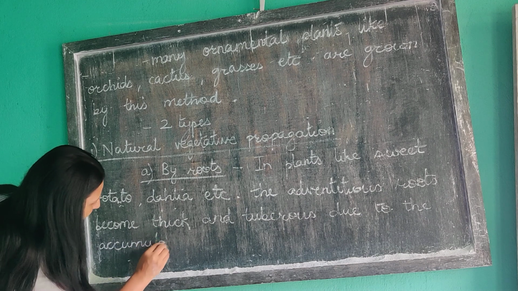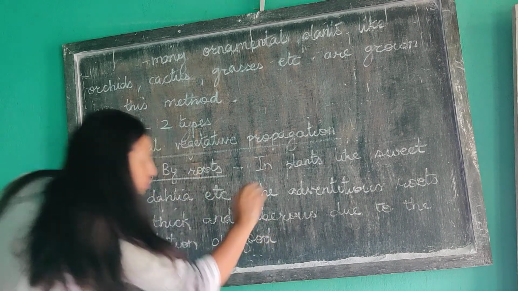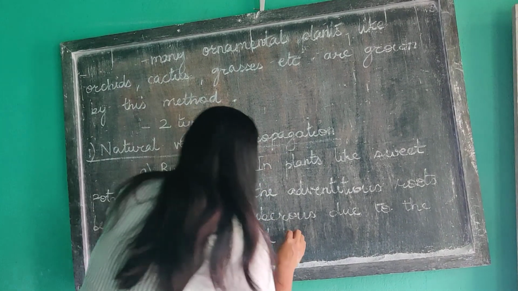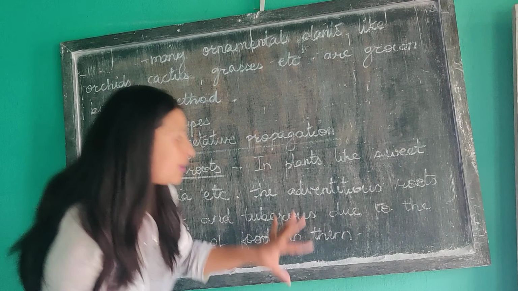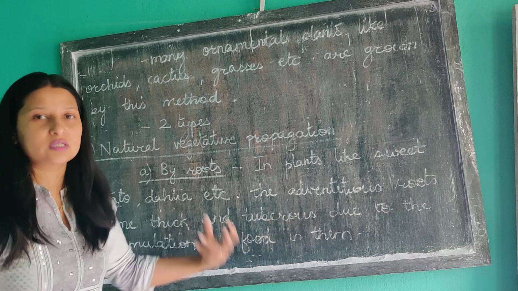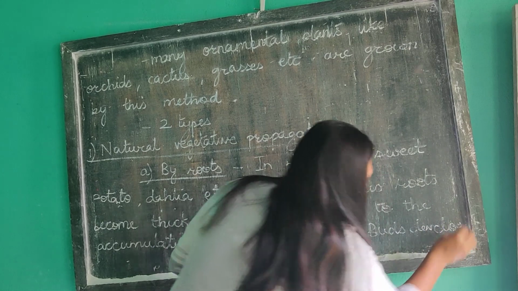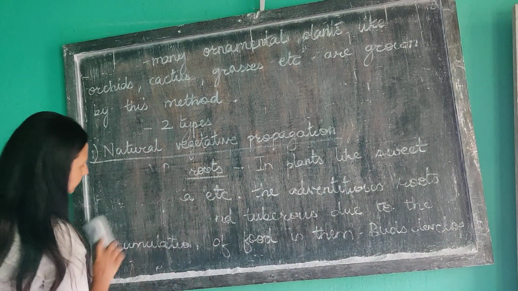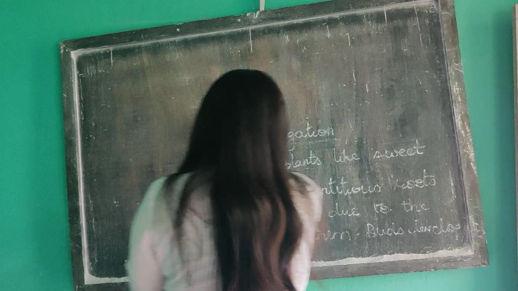When food starts to collect in such roots, they become thick and tuberous, and then buds start to develop in such roots.